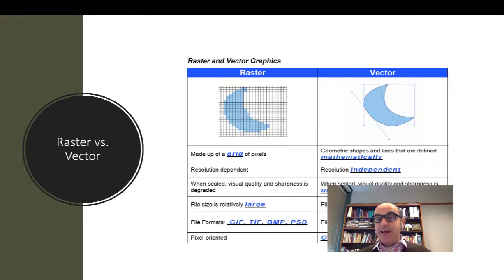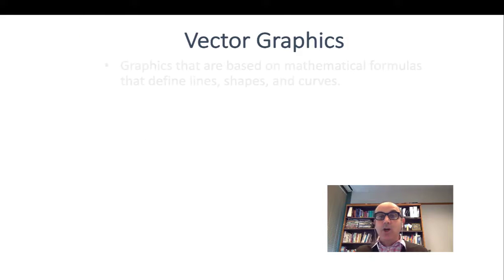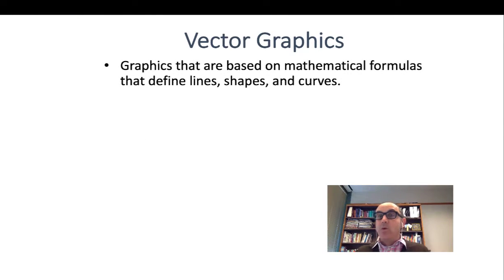Vector, on the other hand, is a more mathematical arrangement of the colors or the shape or the object, and it is resolution independent, usually relatively small, and basically based on an object-oriented idea. So what is a vector and why are we so keen on vector?